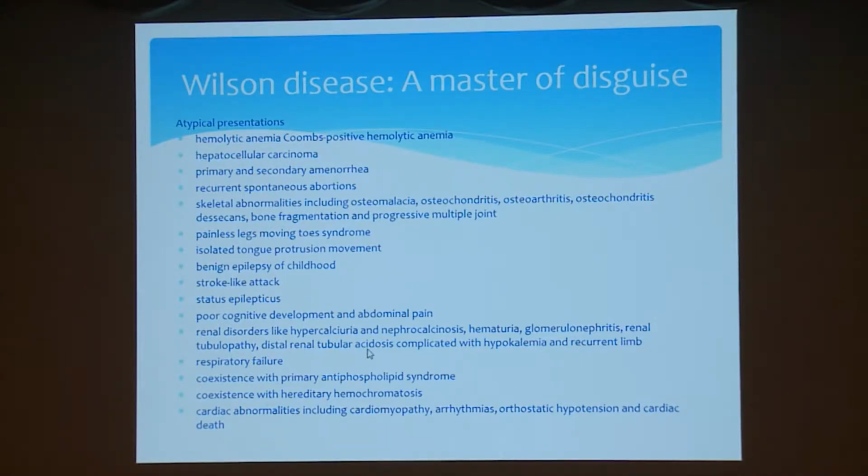Distal renal tubular acidosis can also be a presentation of Wilson disease affecting the kidney. So you can appreciate that Wilson disease patients do not necessarily present with a hepatic problem with a KF ring. They can present with isolated problems, and the diagnosis can take long to come to an effective treatment.